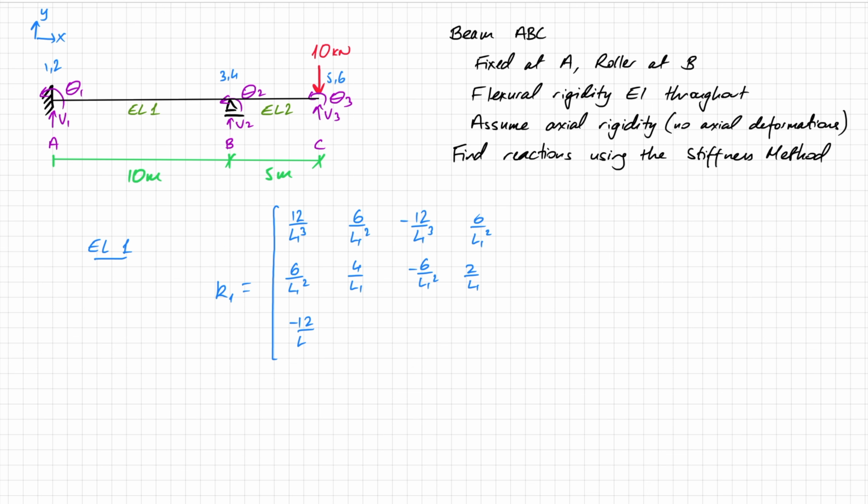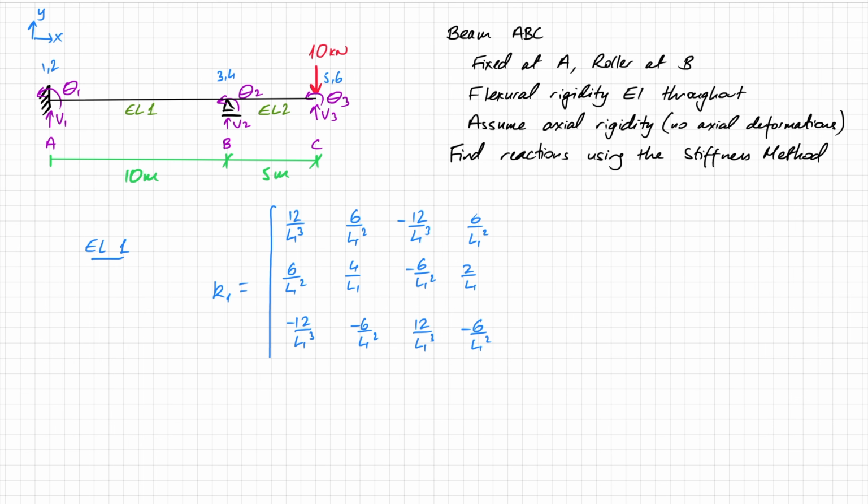Then minus 12 over L1 cubed, minus 6 over L1 squared, 12 over L1 cubed, minus 6 over L1 squared. And the last row: 6 over L1 squared, 2 over L1, minus 6 over L1 squared, and 4 over L1. All of this is times EI, noting that L1 equals 10 meters. Quick check to make sure that everything is symmetric and I've not messed up any of these.